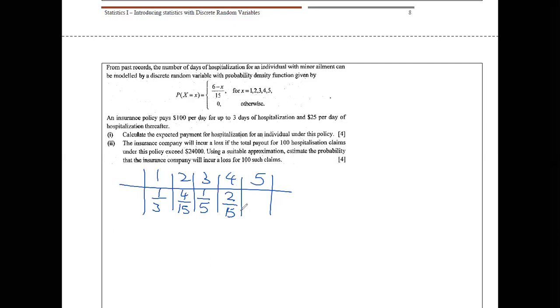And 6 minus 5 over 15 will give me 1 over 15. So this is my probability.